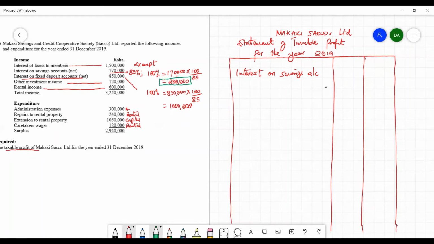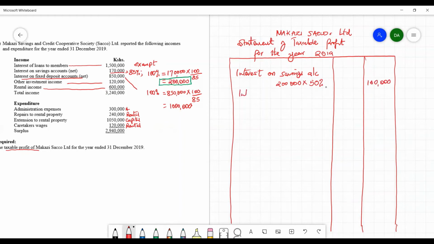But only 50% is taxable because this is an example of interest income from non-members. Therefore, we take 200,000 by 50%, and we only pick 100,000 as taxable income.